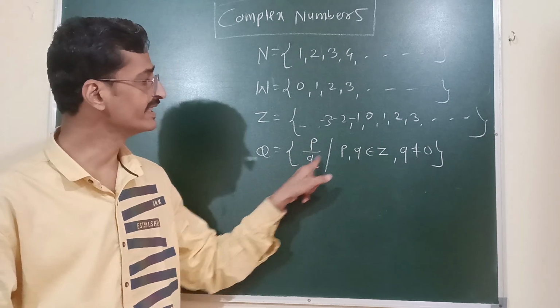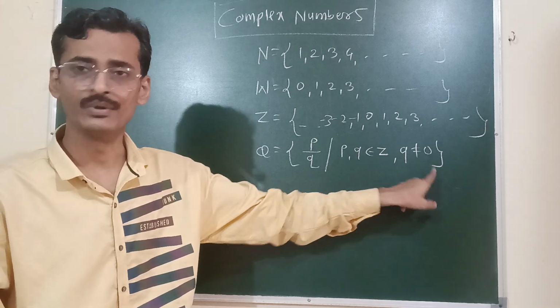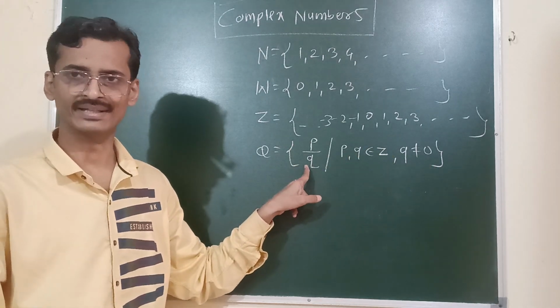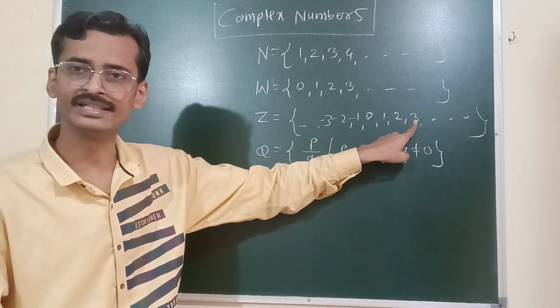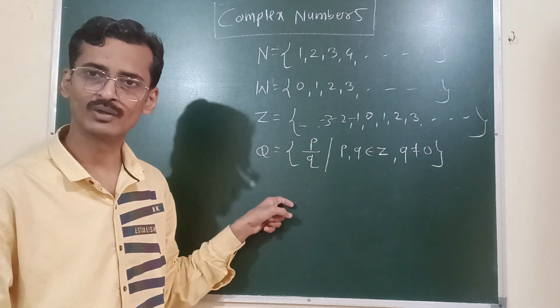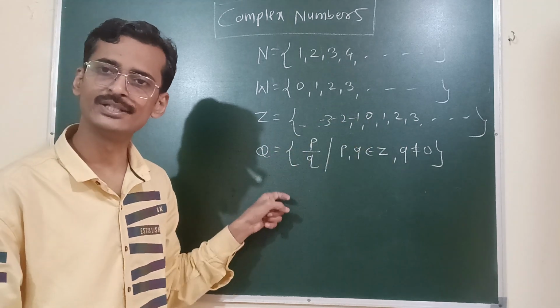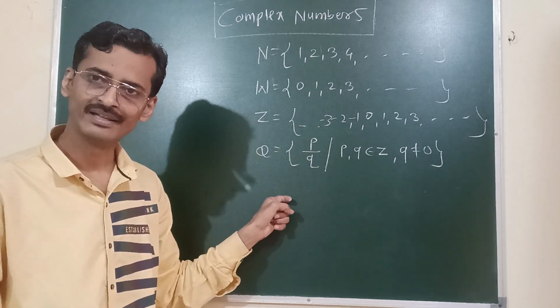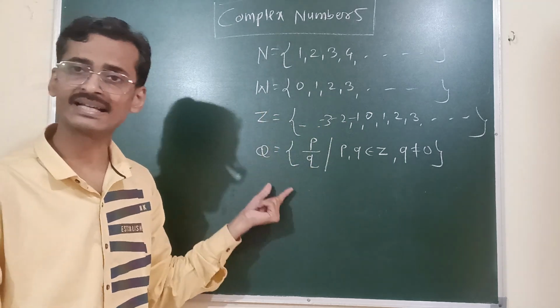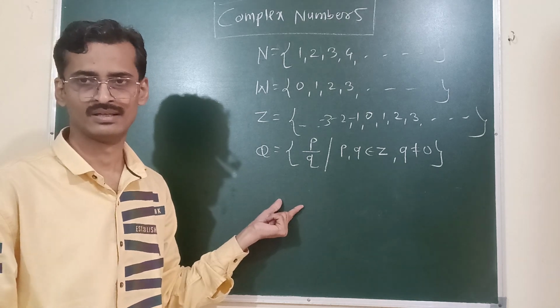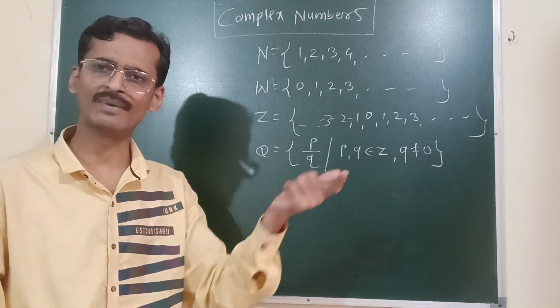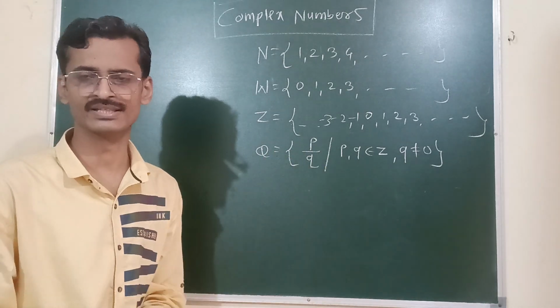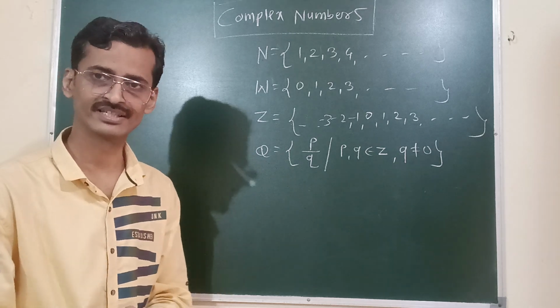Q can be 1. Suppose the number is 3, we can write 3 upon 1. 0 we can write 0 upon 1. Minus 2 we can write minus 2 upon 1. That means all integers are rational numbers. 1 by 2, 1 by 3, 1 by 4, all these are rational numbers that we call fractions.